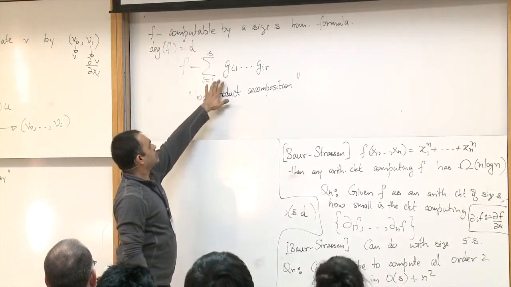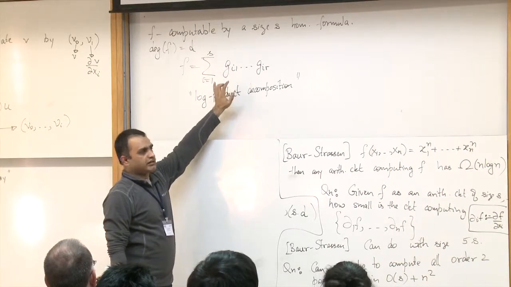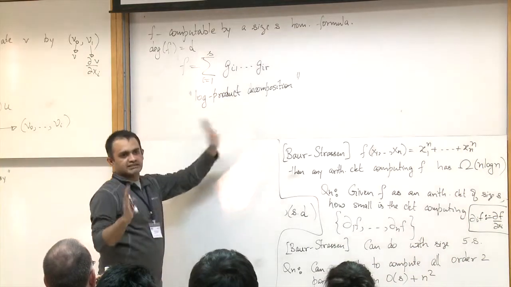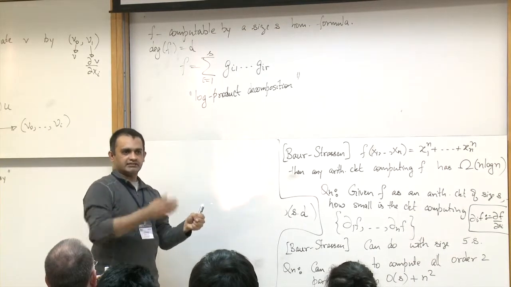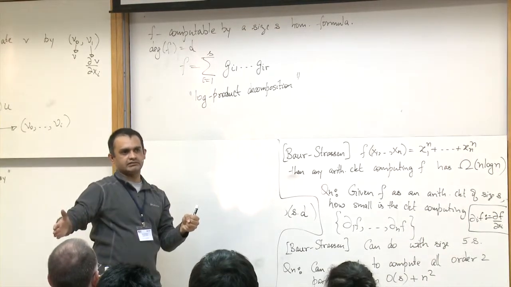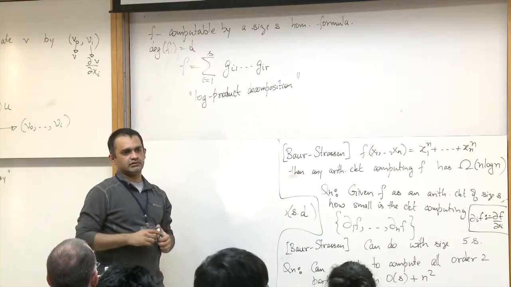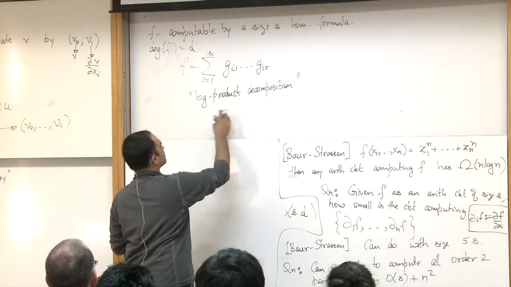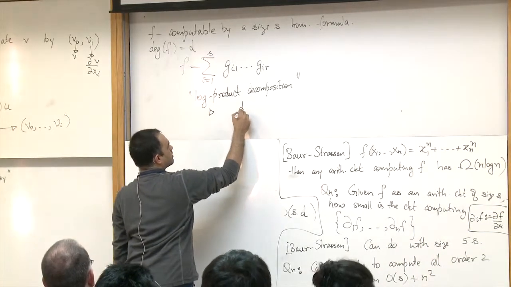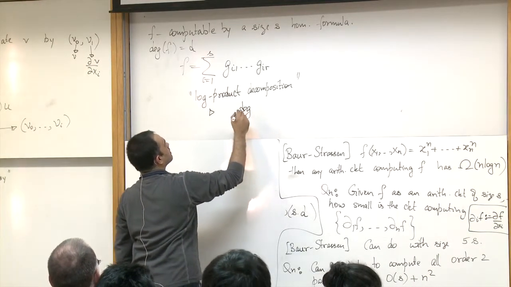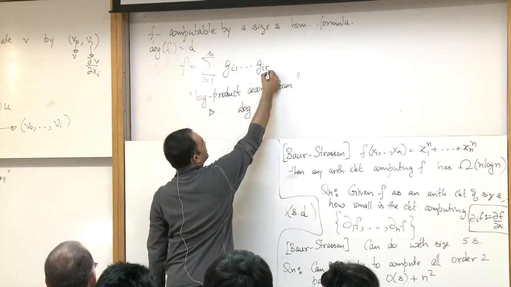So I'm just saying that there are s summands. F can be written as a sum of s terms, where each term is a product of log d factors, where the degrees are geometrically decreasing. Right, r may depend on i.